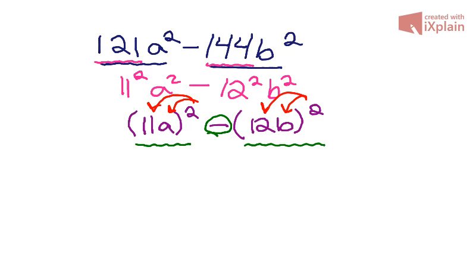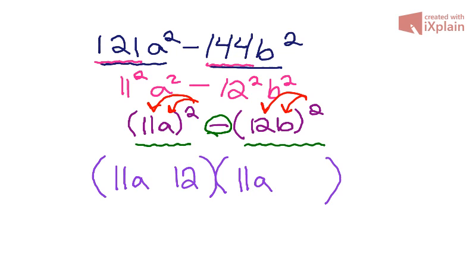So that allows me to go ahead and factor this out. I know that I can create two binomials, and I know that 11a squared would just be 11a times 11a, and then my 12b squared would be 12b and 12b.